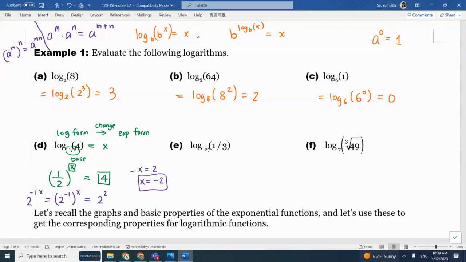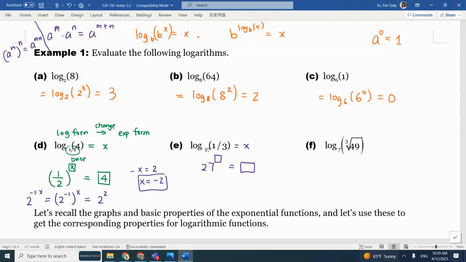Okay, let's do this one using this method. So we call this x. What is the base? 1/3 is the base. 27 is the base. So you put 27 as the base, and what do you put on the exponent? x.